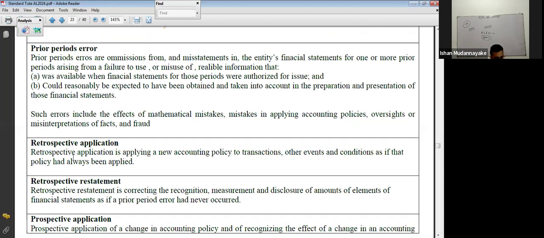Retrospective application is applying a new accounting policy to transactions, other events and conditions as if that policy had always been applied.